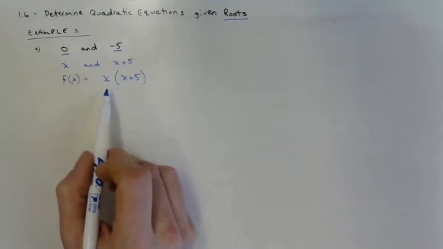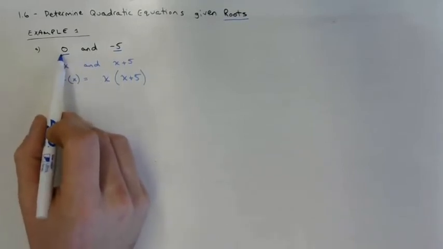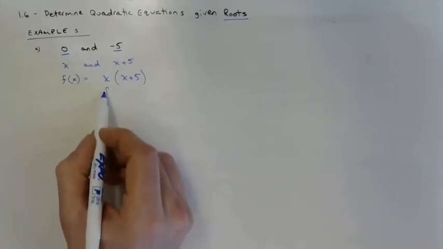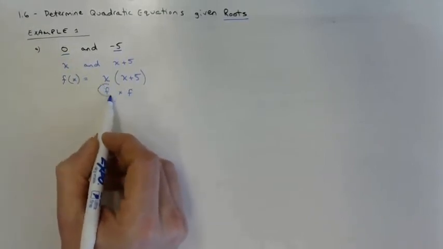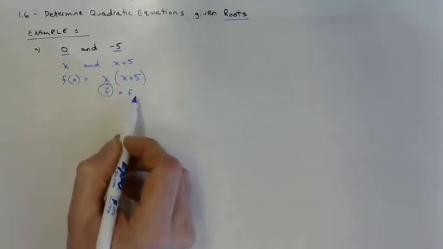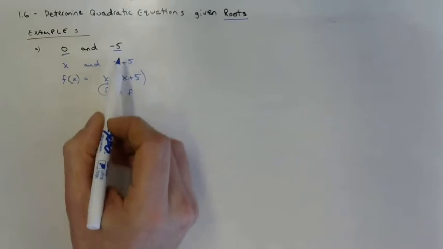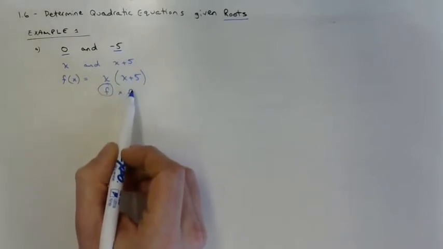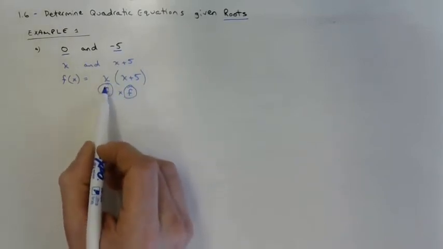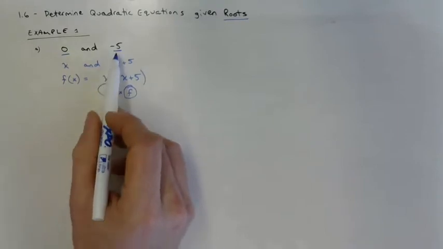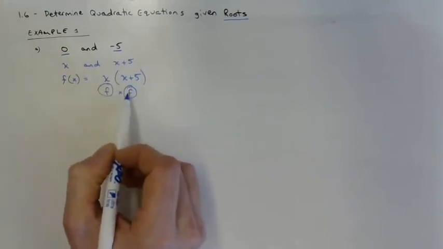Okay? It has a factor of x because if I were to sub in 0, this factor would become 0, which makes the whole thing 0 because anything times 0 is 0. If I subbed in -5, this factor would become 0. This other factor would then be -5, but this factor would be 0, and anything times 0 is 0.